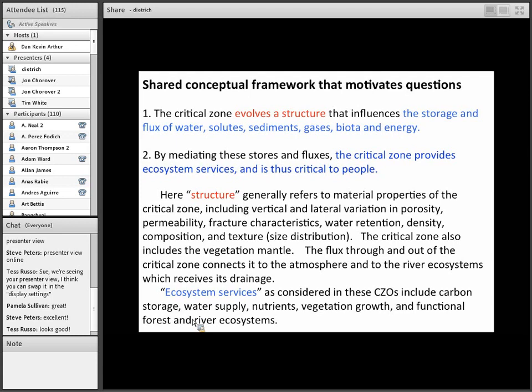So this critical zone, which is illustrated in a LiDAR image at the top and a cartoon below that shows the structure of the site where there's intensive monitoring, is more focused on the critical zone as a mediator of processes and a little bit less on the actual evolution.